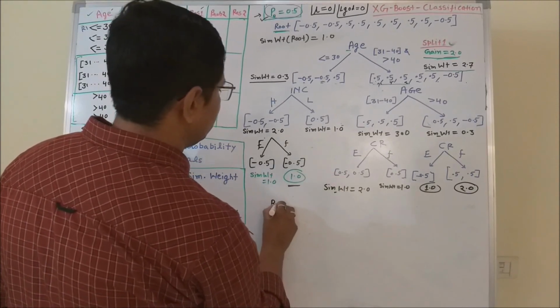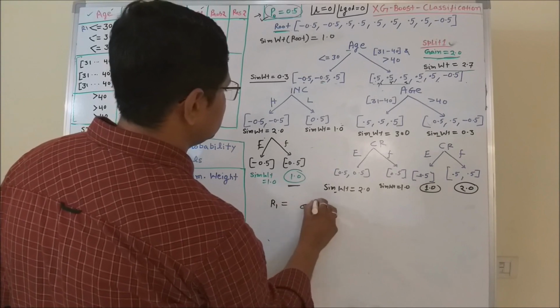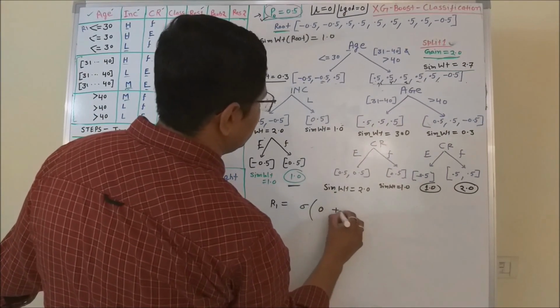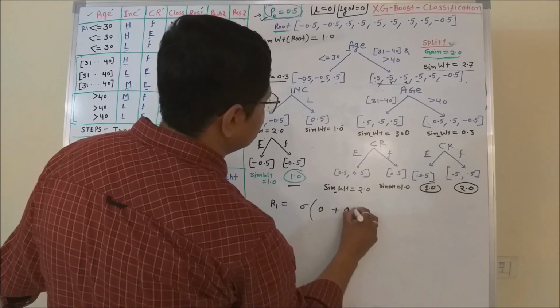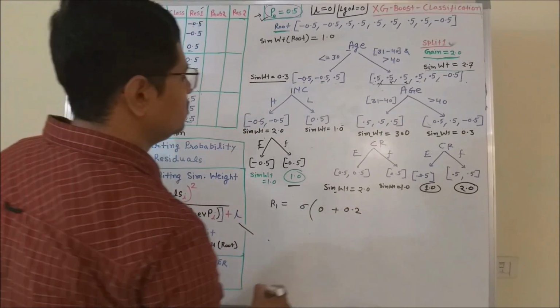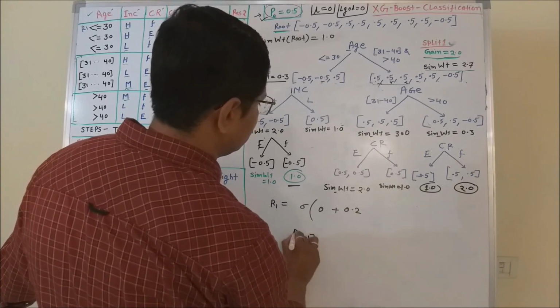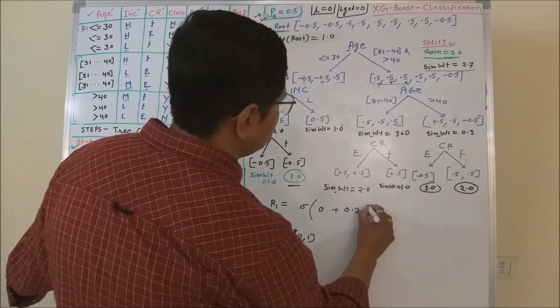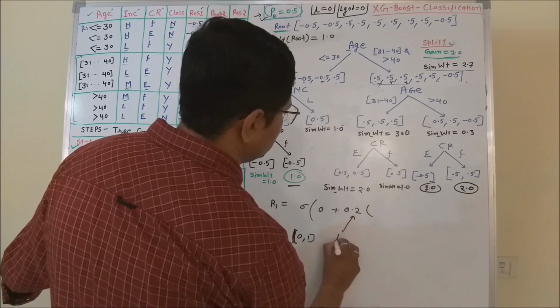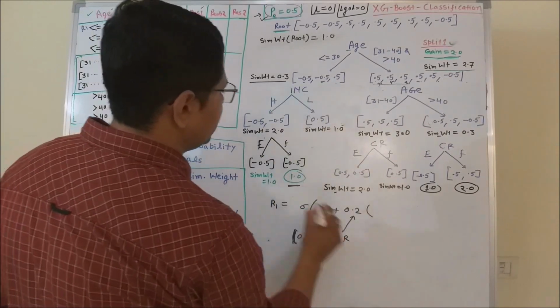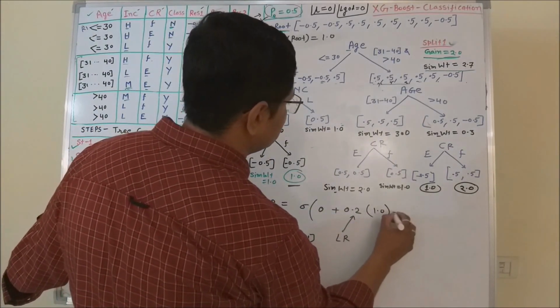So for record R1, the computation will be equal to sigmoid of log odds 0 plus learning rate. Suppose we consider learning rate as 0.2. You can take anything from 0 to 1 as a learning rate. So 0.2 into the similarity that you achieve, 1.0.